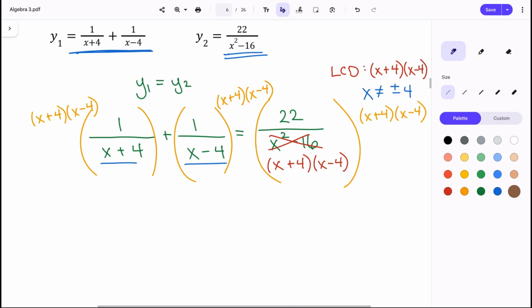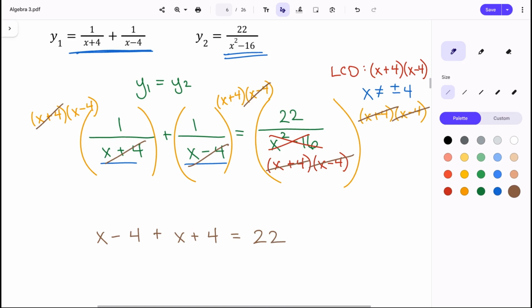On my first fraction, what can we cross off? x plus 4 is good. And so I have x minus 4, and what am I multiplying that times? 1. So it's just going to say x minus 4. That takes care of the first fraction. What crosses off on the second one? Okay, and what am I left with? Again, that's times 1, so it doesn't change at all. What happens on the last set? Everything's gone, and we're left with 22.